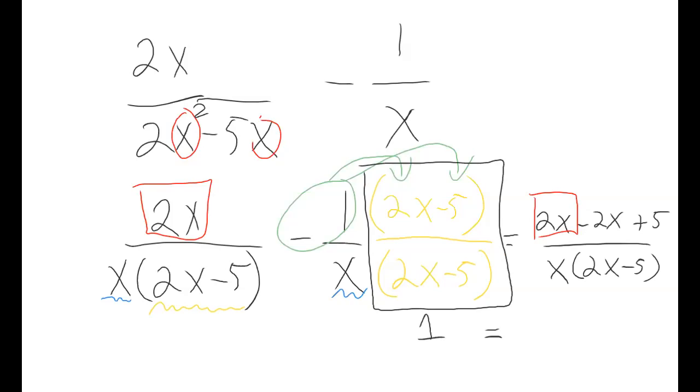I just didn't multiply it by the number 1. I multiplied it by an equivalent fraction that equals 1. So by multiplying by an equivalent fraction that equals 1, I haven't changed the problem. And the reason I have to do that is because I have to get a common denominator.